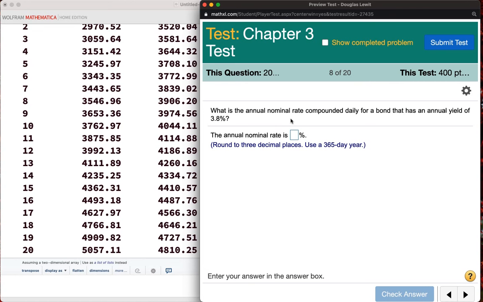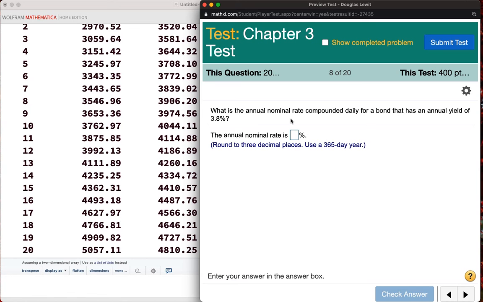What is the annual nominal rate compounded daily for a bond that has an annual yield of 3.8%? Okay, guys, I did something very similar to this in the tutorial video that I made for the Chapter 3 quiz. So if you want to find out how to do this problem, refer back to that video.